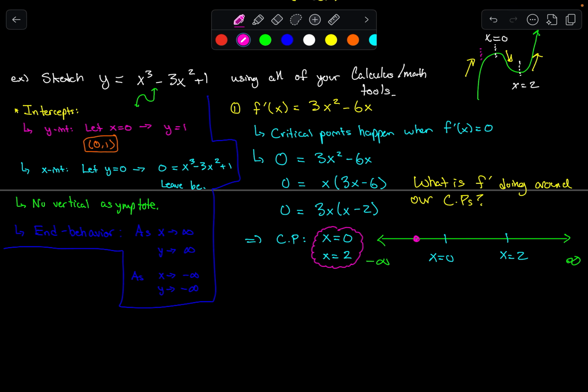I just need to test some x value over here. I need to test some x value that's between them, and I need to test some x value that's to the right. And if I just test those values and you figure out what the slope is, then you're going to know what the slope is for this entire interval, right?